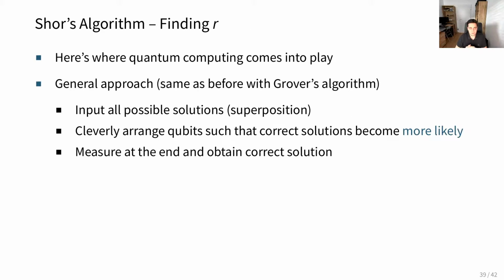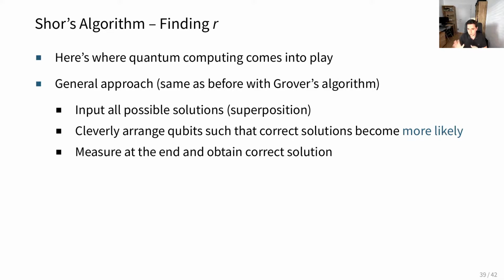And that's where quantum computing comes into play. The general approach is very much the same as the approach before with Grover's algorithm. Intuitively, we input all possible solutions, whatever they are, it doesn't really matter. Then we try to find a quantum circuit which rearranges the qubits in a clever way, such that the correct solutions become more likely towards the end of the computation.